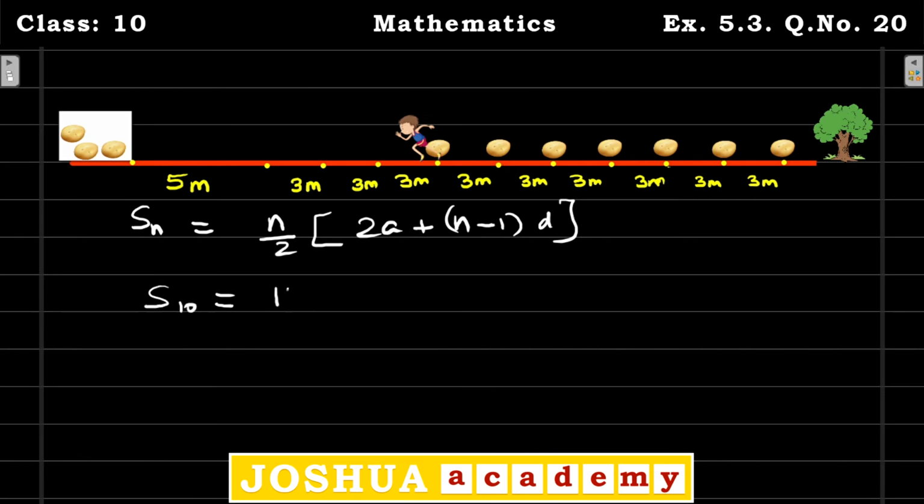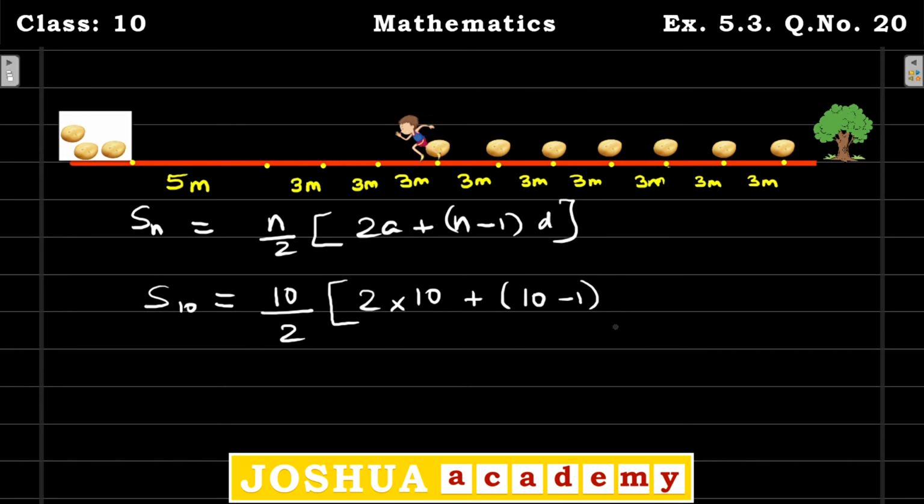S10 is equal to n which is 10 upon 2, and 2 times a. What is a? The distance run by the competitor to collect the first potato, 5 plus 5, 10 meters. And n is already given, 10 minus 1. And d is the difference between the second term and the first term. What is the second term? The distance traveled by the competitor to collect the second potato, which is 8 plus 8, 16 meters.